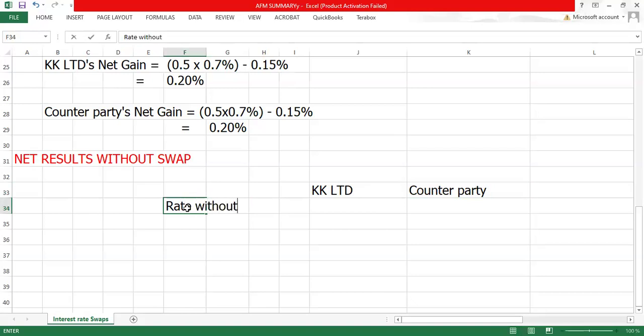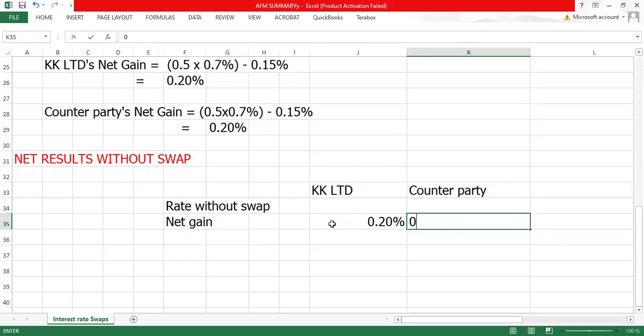I'm going to explain this rate without swap. Then you also need to bring your net gains, the ones you computed. Here we can immediately put these because you have them. It's 0.2%. Even here it's 0.2%. Then after that, you simply have your net results.